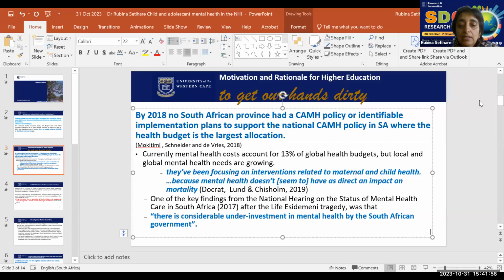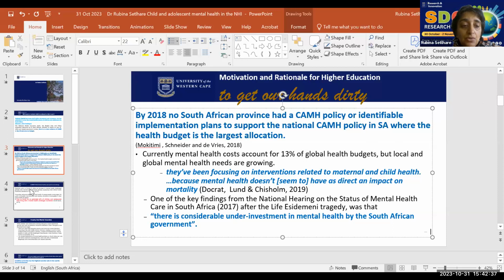And unfortunately in South Africa, after the Life Esidimeni tragedy, where more than 100 people died within the mental health care structures due to negligence, the findings from that investigation was that there is considerable underinvestment in mental health by the South African government, because it's correct that they've been investing in the more physical aspects like reducing infant mortality and looking at maternal and child health.